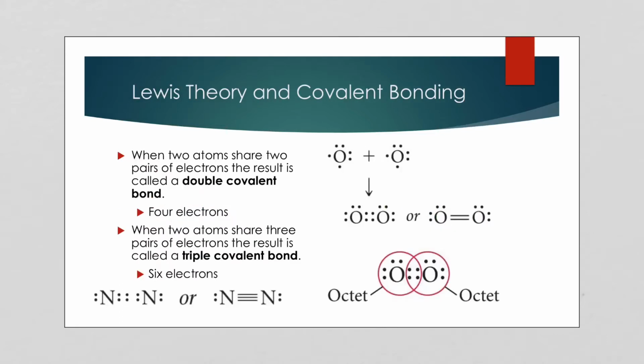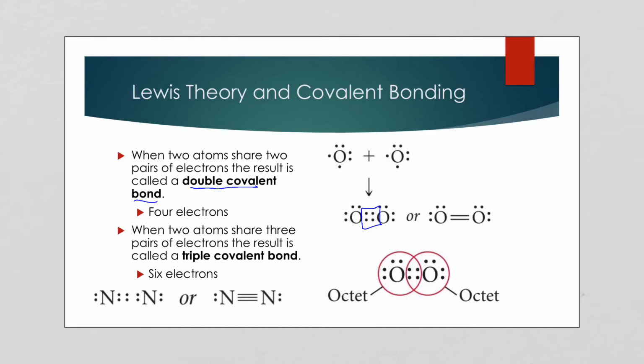So for example, when oxygen comes together to form the O2 molecule, the stable form of oxygen, it doesn't share twice with two different atoms like it does in water, but it shares twice with the same atom. So it shares twice with the same oxygen atom, forming what we call a double covalent bond.